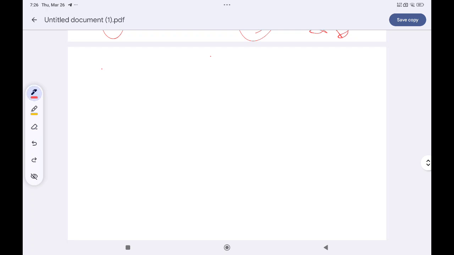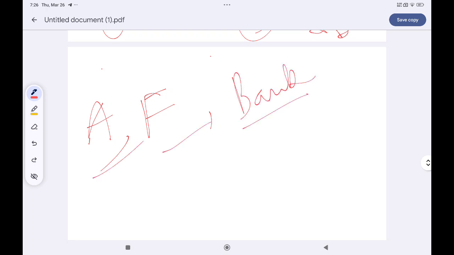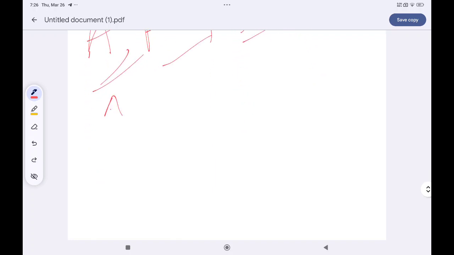Okay, so this is Mr. A and Mr. F and the bank. Three characters are there, right? A gave a check of 1 lakh to whom?